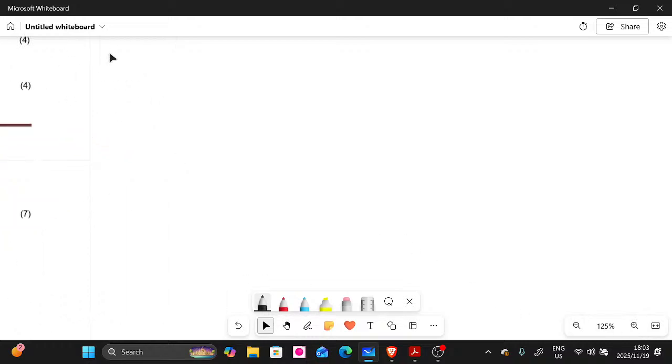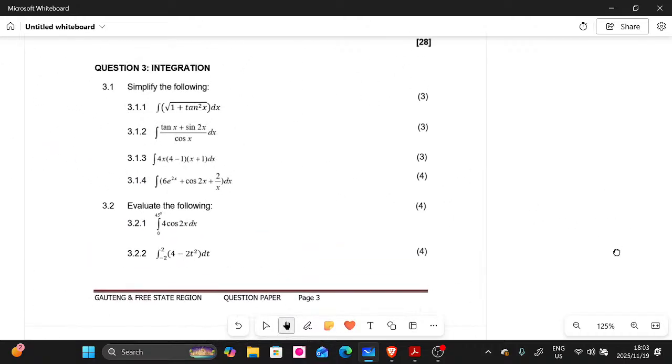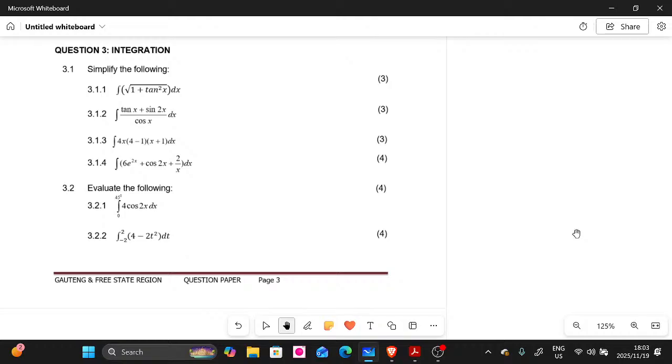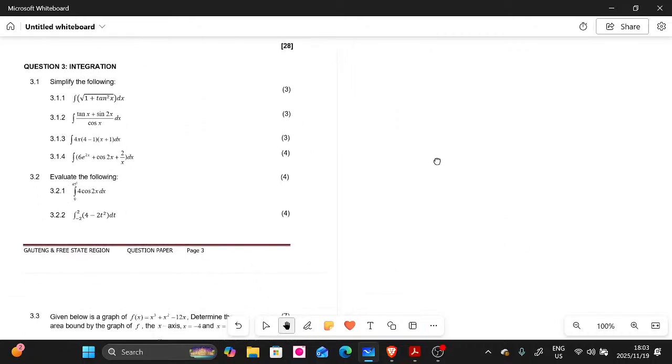Okay, unless you are fine. So let's continue, people. Let's look at 3.1.4, the last one here with 3.1. Okay, so I'm gonna copy it again on the side, and then we do it. Let me just create a little bit of space here. I'm gonna try to be quick again, guys.